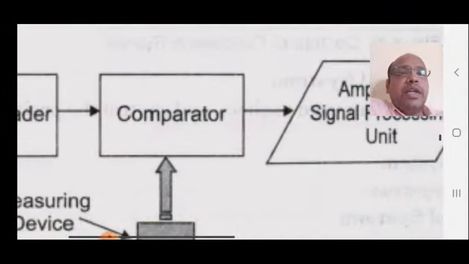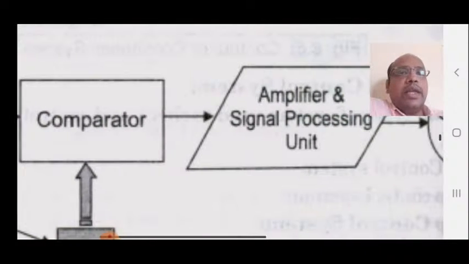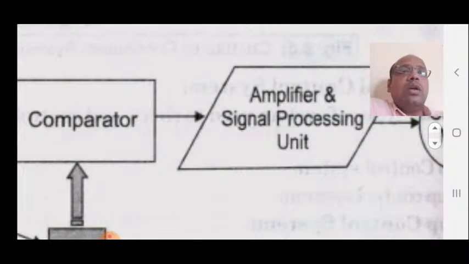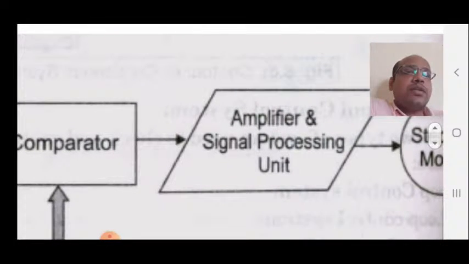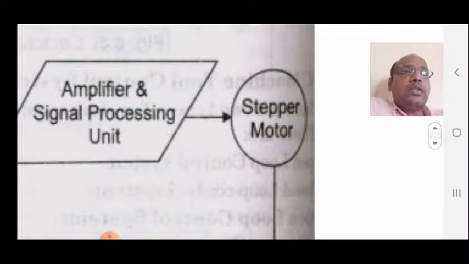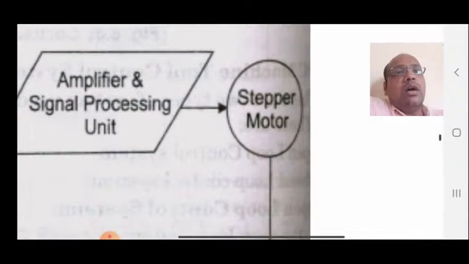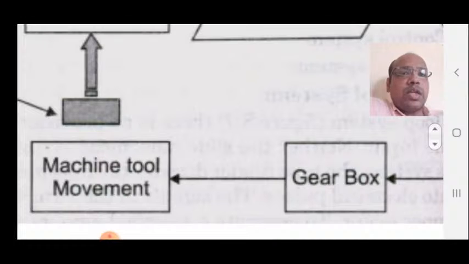If there is a little bit of difference between actual motion and given motion, then once again the comparator passes the instruction to the amplifier and signal processing unit. Once again the stepper motor is rotated and it controls the gearbox motion, and once again machine tool movement is controlled.